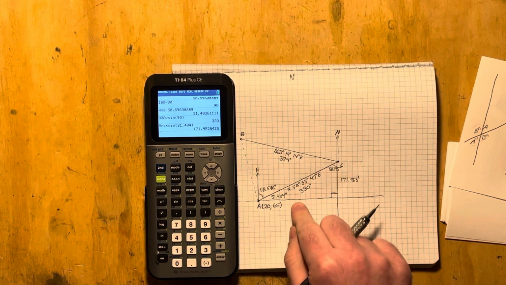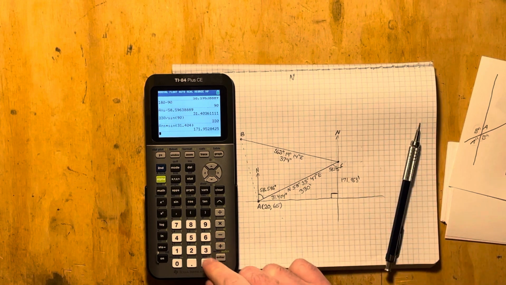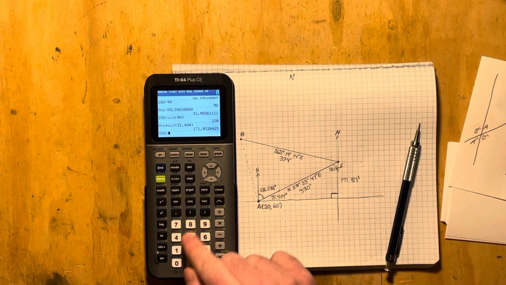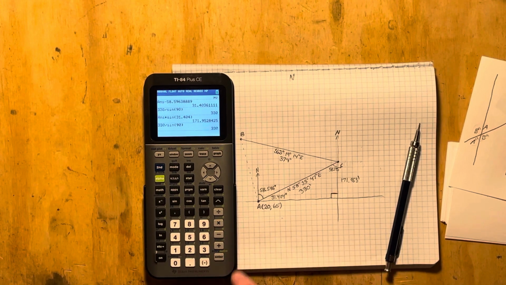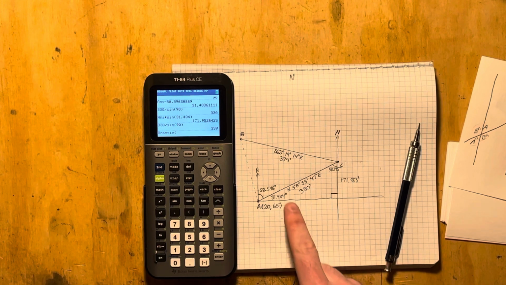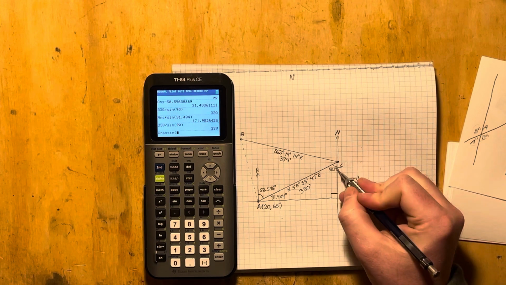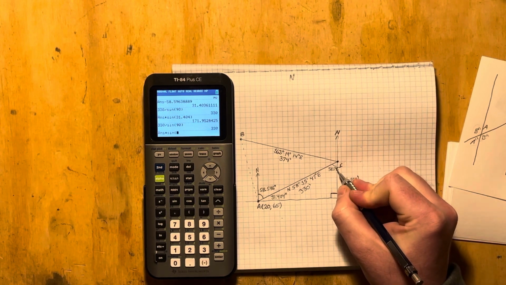And we can do the same down here. We'll do 330 divided by sine 90. It's going to be 1. It's going to give us 330 again. We can multiply that by sine 58.596. Looks like I wrote that as a 5 before. Oops.